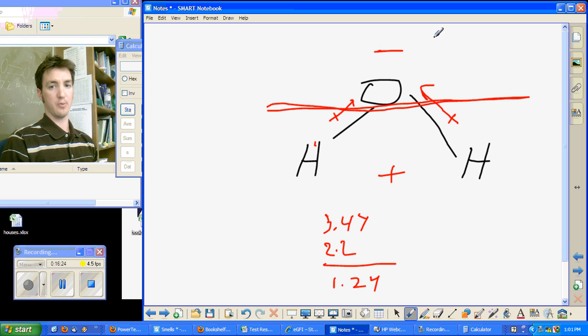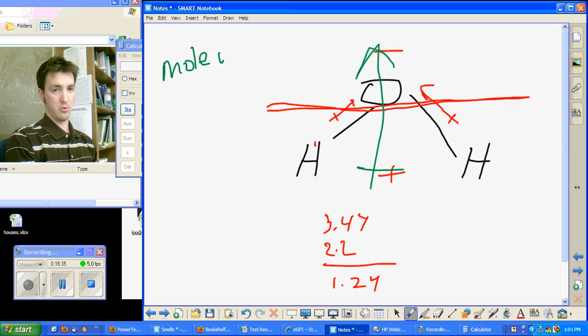And so the molecule as a whole does have an entire big whole-molecule dipole. So we would draw it like that. So the whole molecule is polar. And the bonds are also polar.